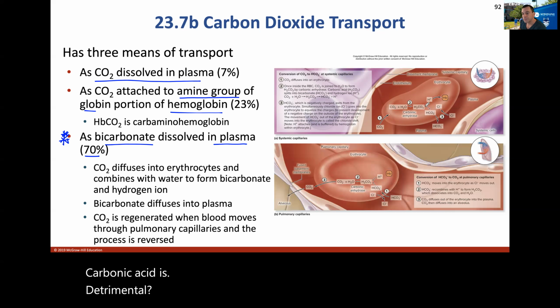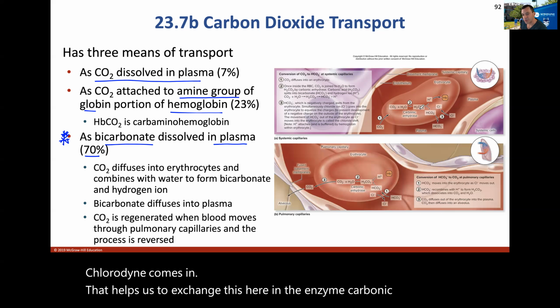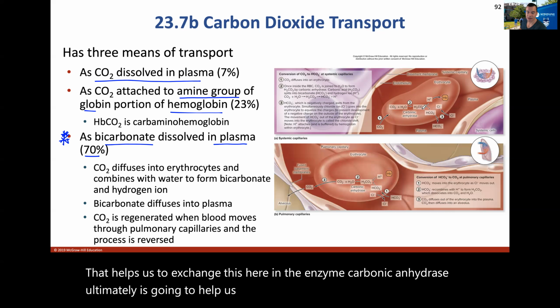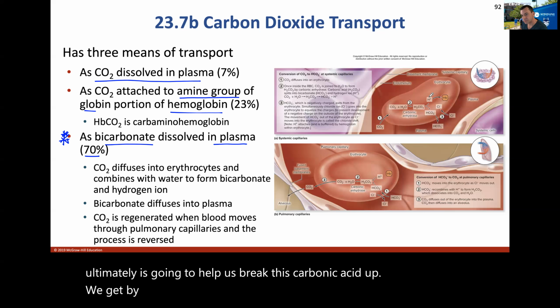So chloride ion comes in. That helps us to exchange this here, and the enzyme carbonic anhydrase ultimately is going to help us break this carbonic acid up. We get bicarbonate ion and a hydrogen ion.